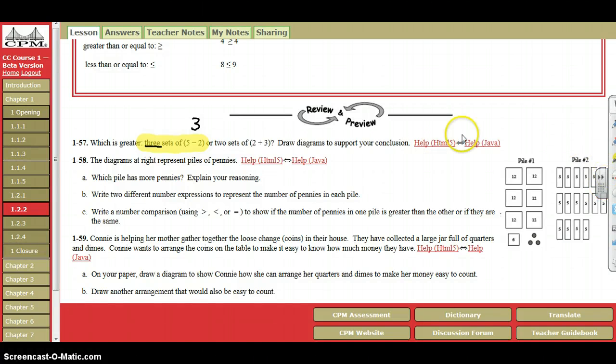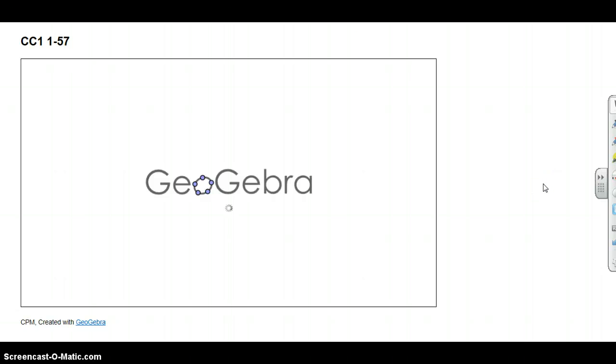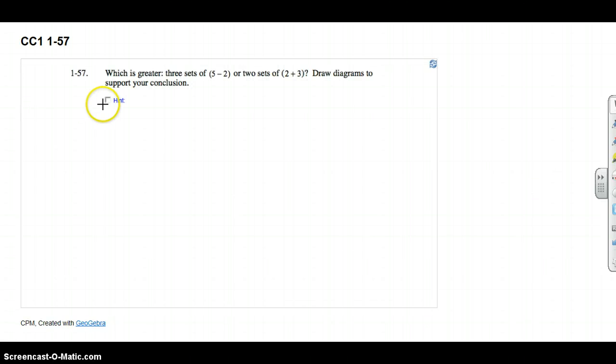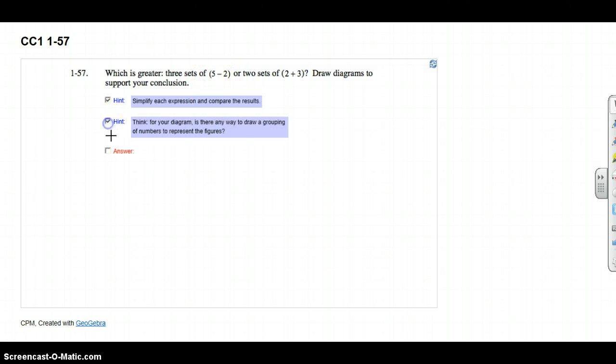Let's take a look at some of the help to see if there's anything that can help us. Here's the hint. It says simplify each expression. That means before, like when I did the 5 minus 2, I simplified it to just one number.